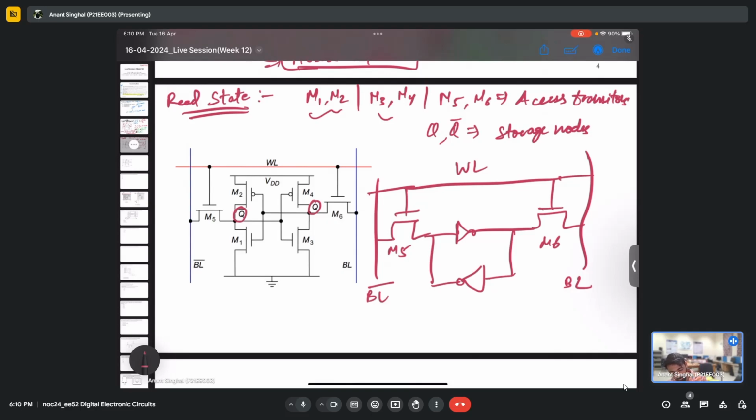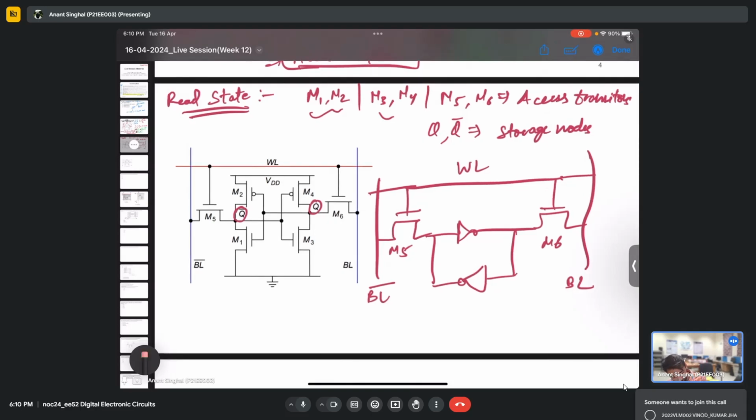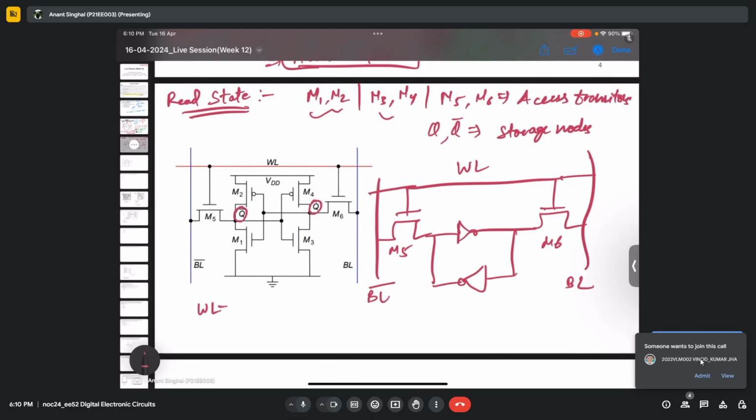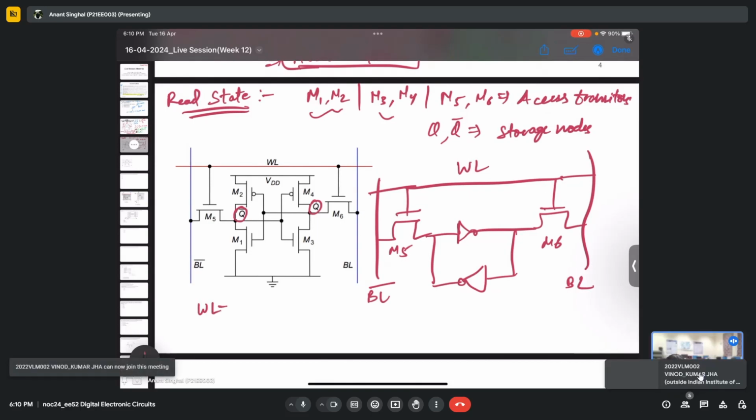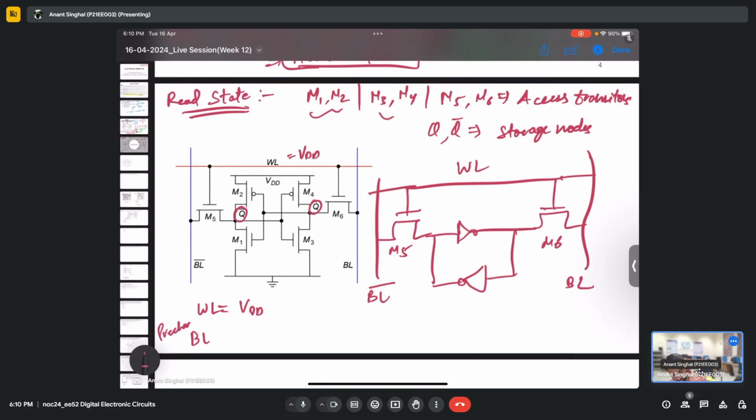So what we do in the read operation, we make WL as VDD, that is very high voltage, and we pre-charge both BL complement and BL to VDD.